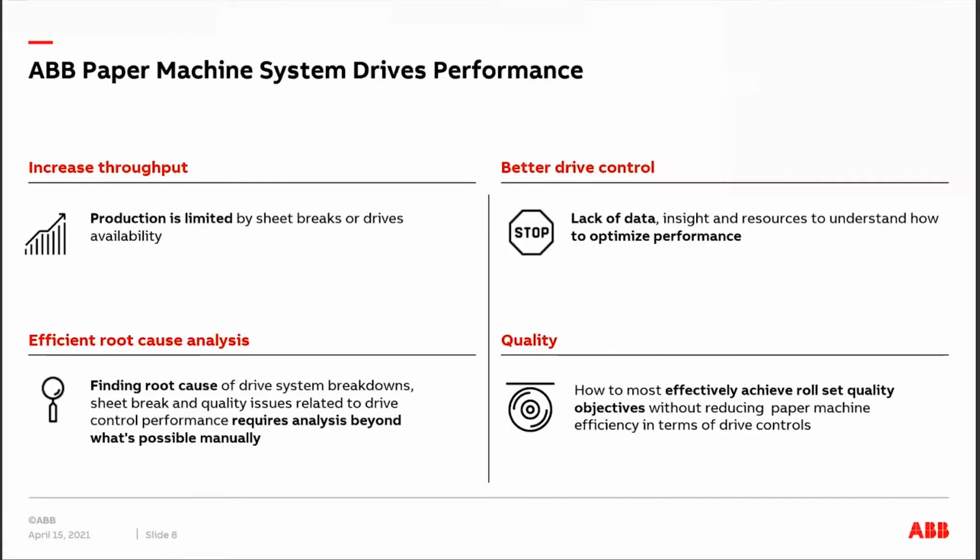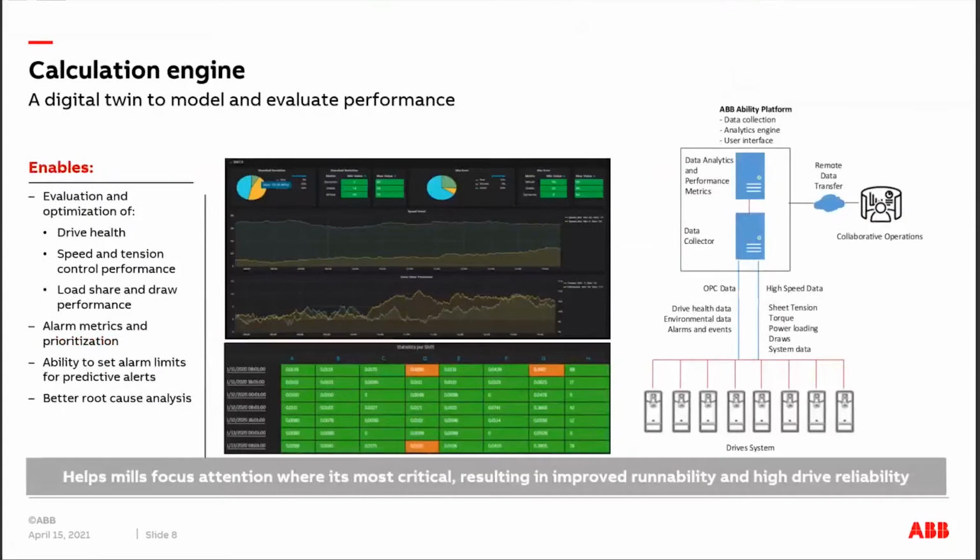Things like helping to identify if roll slippage is occurring, or if draws aren't being maintained effectively at the right targets. So these are some of the things I'll focus on. Again, this isn't everything that's in the solution, but these I figured would be the most interesting to spend the next few minutes on.